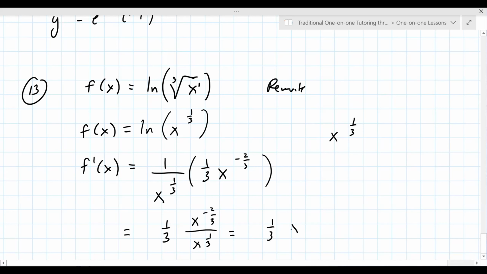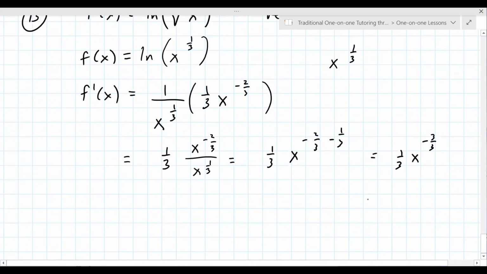So this becomes x to the -2/3 minus 1/3, which becomes x to the -3/3, or x to the -1, which becomes 1/3 times 1 over x. Okay. So that's just all right.